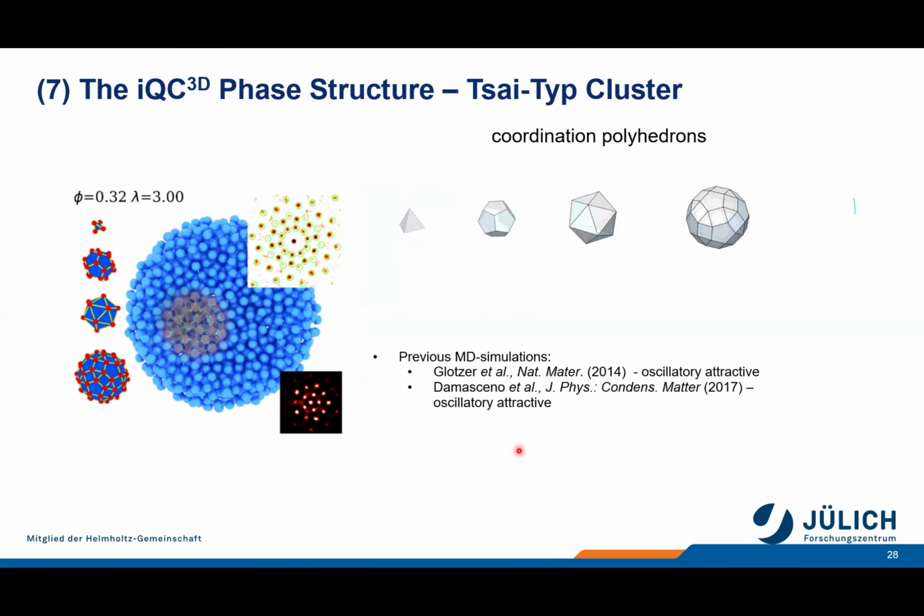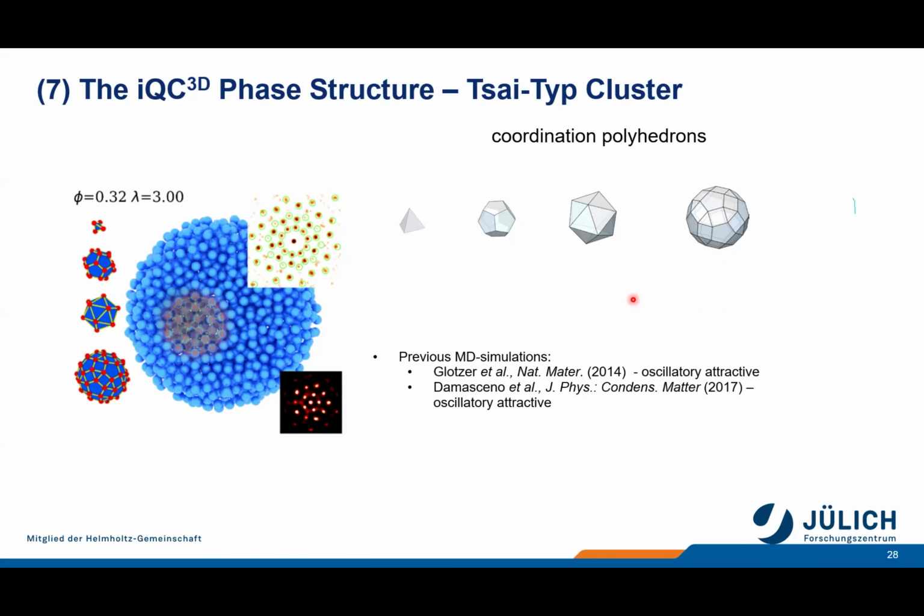Then finally, we have a quasicrystal, which is the 3D icosahedral phase. This is now not an AB stacking of planar quasicrystals, but a real 3D thing. It has in the center a tetrahedron, which is surrounded by a dodecahedron, an icosahedron, and then a polyhedron, whose Greek name I forgot, it's really long.